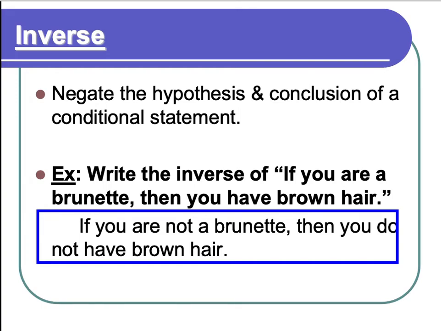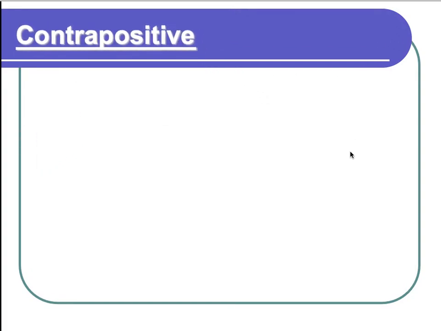I simply write the negation of P, then the negation of Q. You are a brunette, so I negate that as you are not a brunette. Then you have brown hair, and the negation of that is you do not have brown hair.